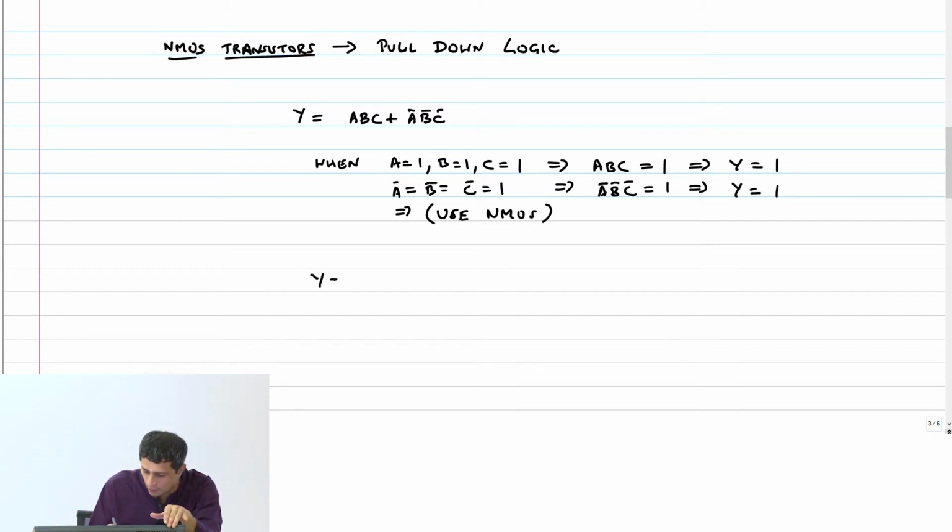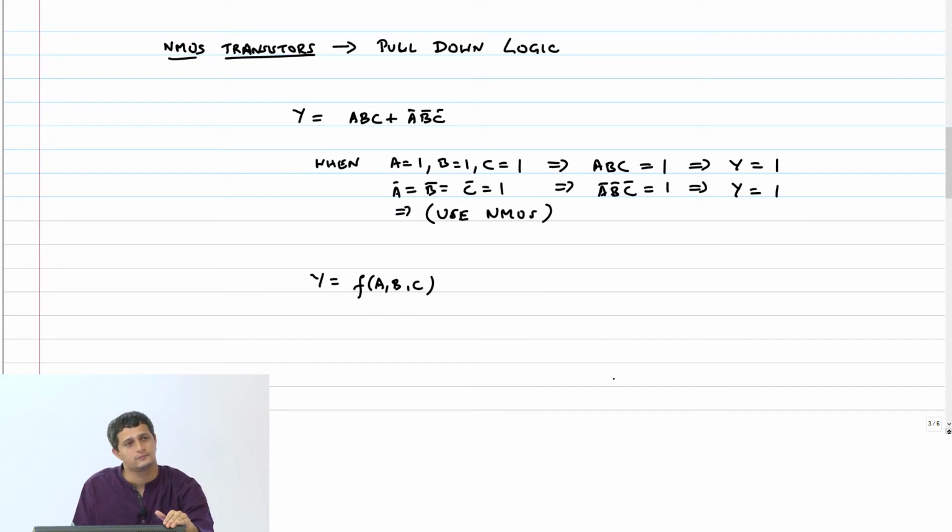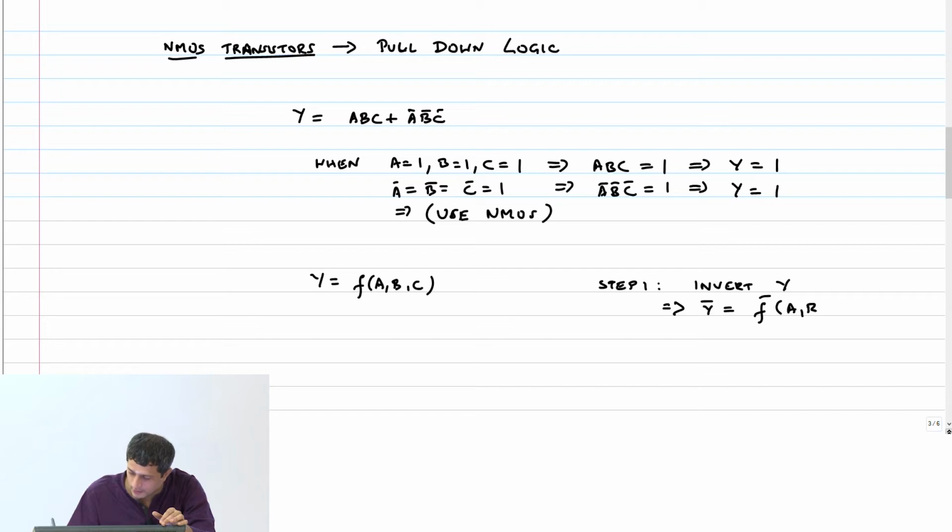So let us say I want to implement f of A, B, C. The first step is to invert Y. You write Y bar equals F bar of A, B, C, and go ahead and implement this F bar logic in the NMOS gates first.